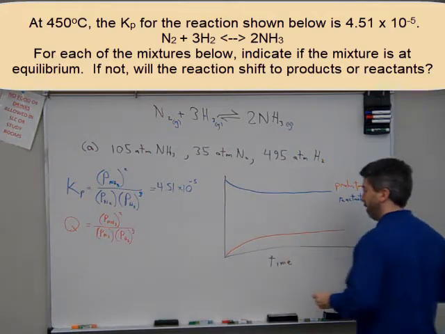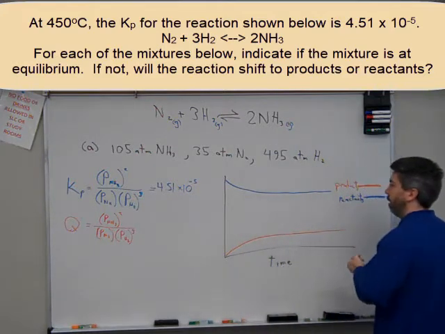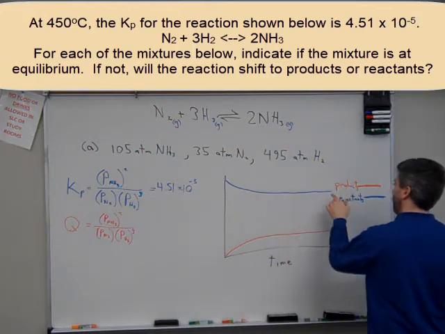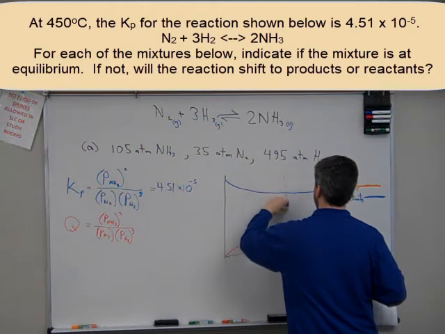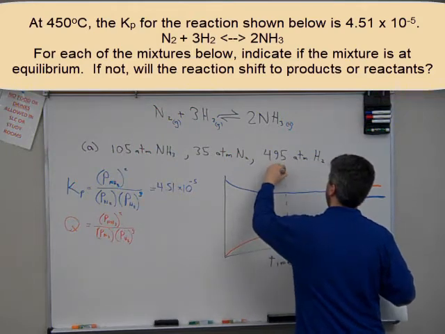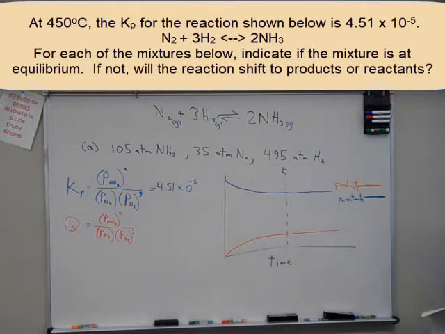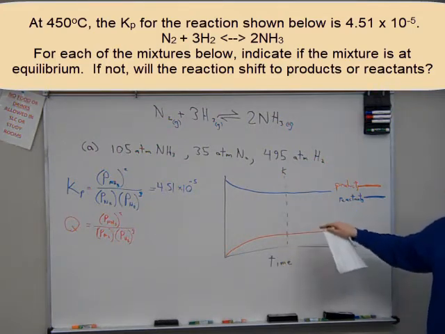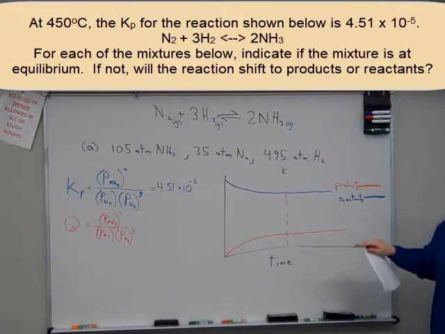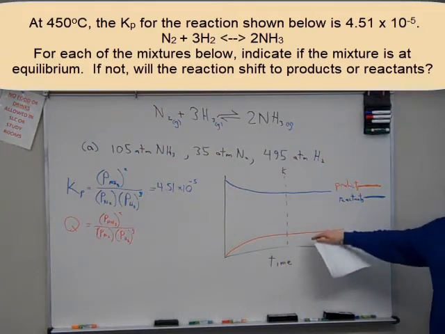If you take the ratio of products to reactants at this point, it's at equilibrium. The net change is 0 because products are becoming reactants and reactants are becoming products at basically the same rate, so they're not actually changing.